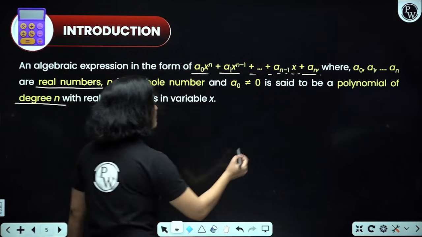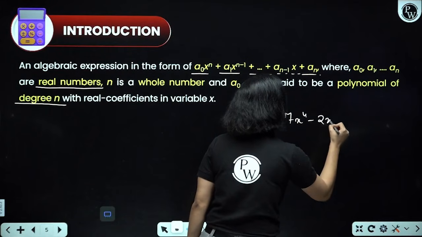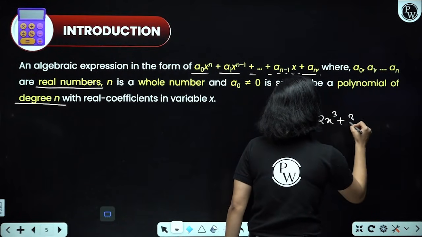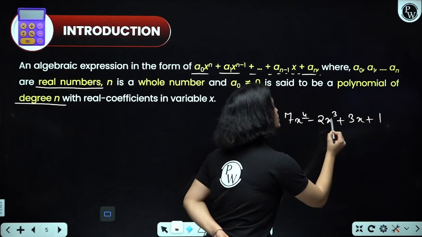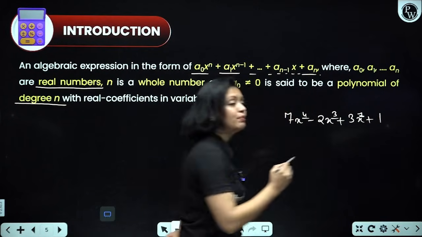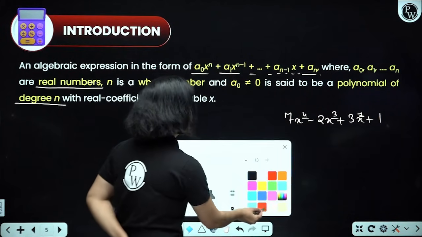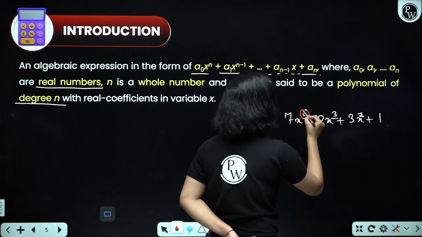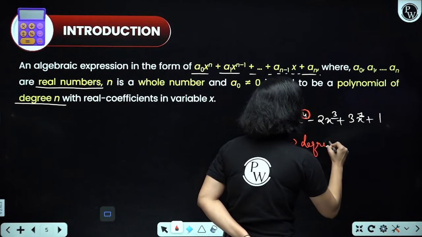Got it? For example, if I write 7x raised to power 4 minus 2x cube plus 3x plus 1, here all the powers are whole numbers, so it's a polynomial. Now what is the highest power, everyone? You can all see that the highest power is 4, right? So we will say that this polynomial has degree 4.